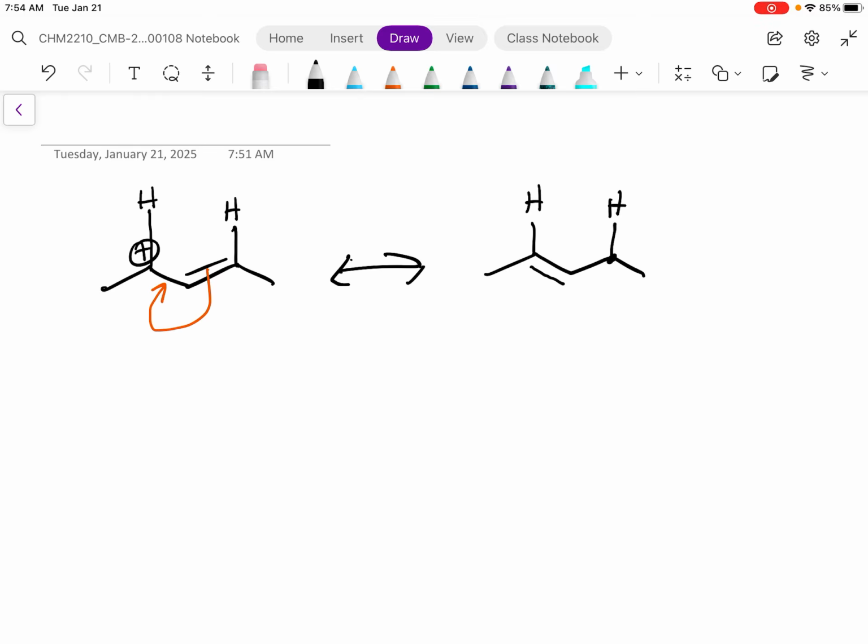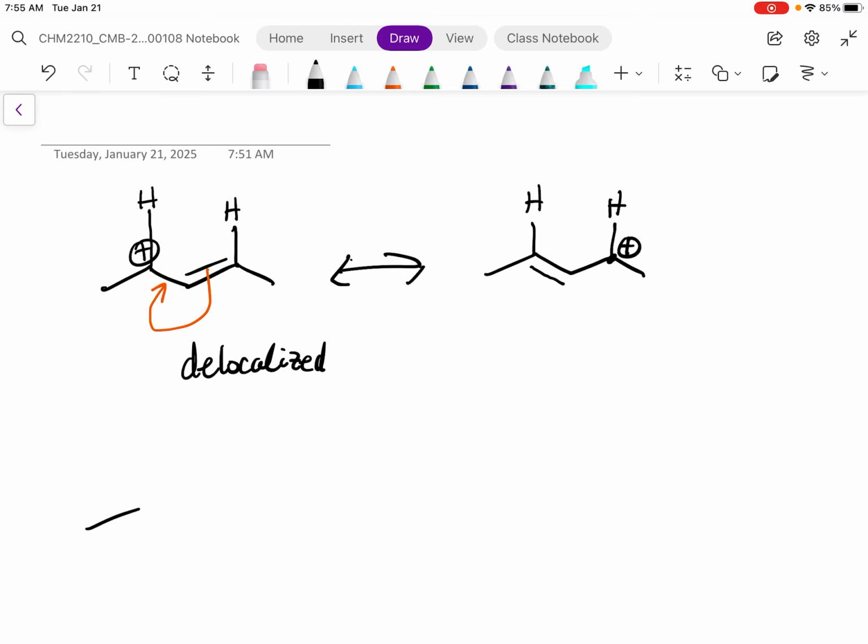Only 3, so that means it has to have a plus charge. So that is a valid resonance structure because we have pi electrons that are adjacent to a carbocation. So those electrons can move. We call these electrons delocalized, just another way of saying those pi electrons can move.